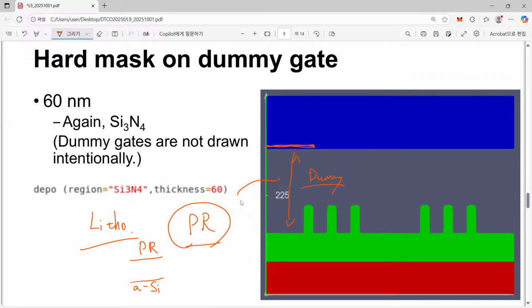But the point is, almost always in this case, we have to introduce another intermediate step called a hard mask, because photoresist is usually an organic material which is not strong enough, so we have to have silicon nitride to keep this structure. Maybe you remember previously, when we considered SADP or SAQP, we introduced a silicon dioxide sidewall as a final pattern.